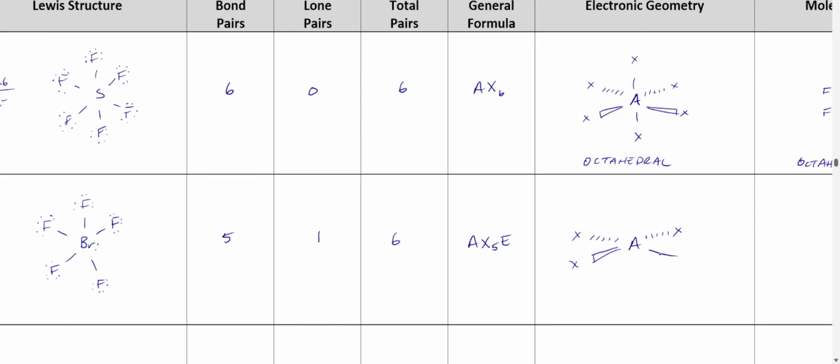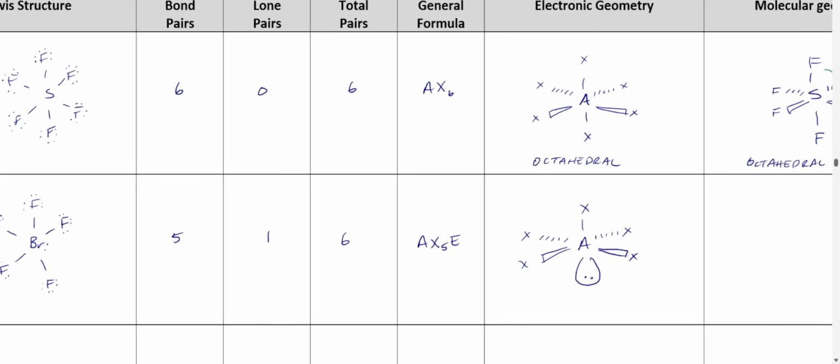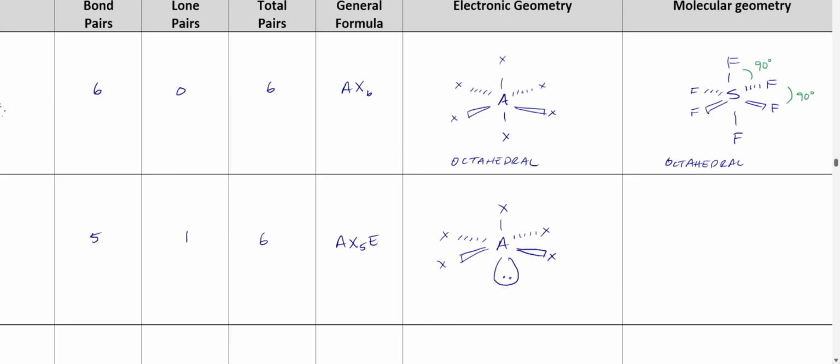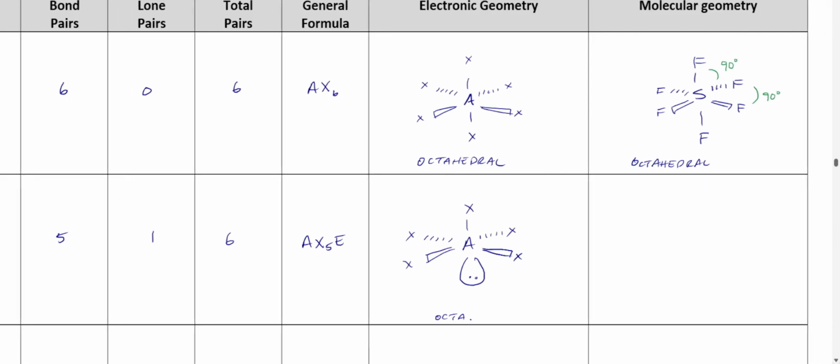Although you could actually orient this in any direction and it would still work. If you put the lone pair anywhere else, it would still create the same shape. So we put our lone pair down here. And again, the electron geometry is preserved, it's octahedral.